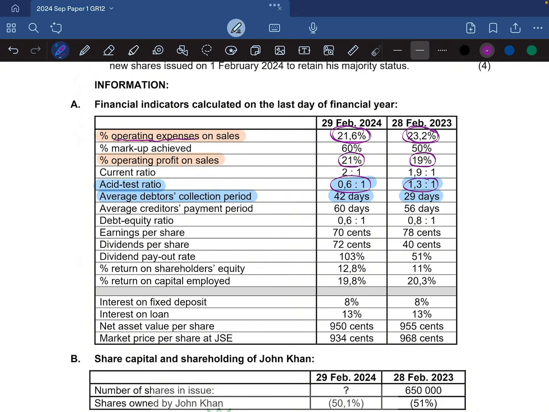So this decrease shows that most of our current assets consist of stock, because when we subtract stock from our current assets, we are left with a small number of other current assets. So it means that we have much more stock on hand. We are not making enough sales on stock, because our stock is a huge part of our current assets.